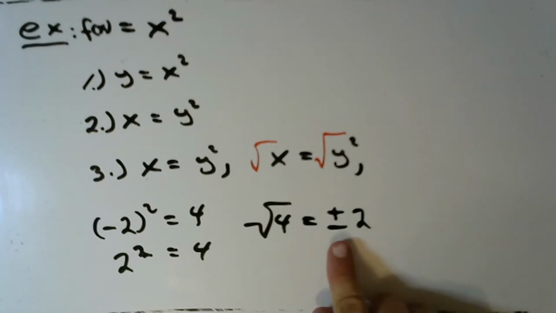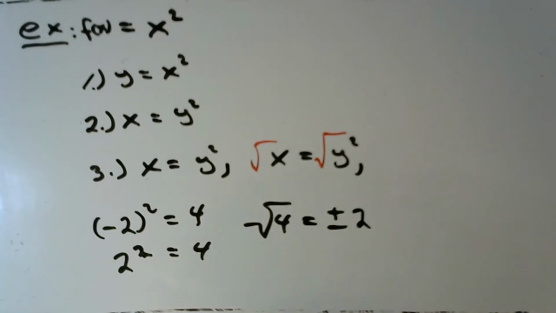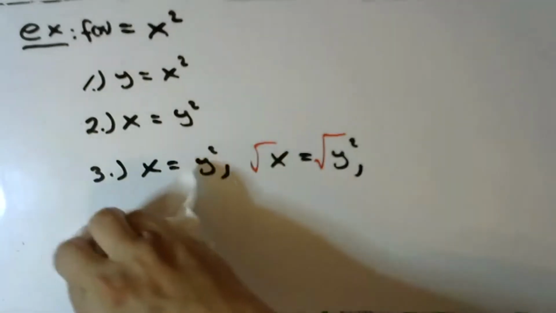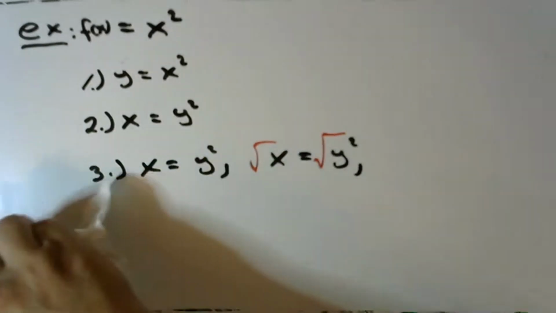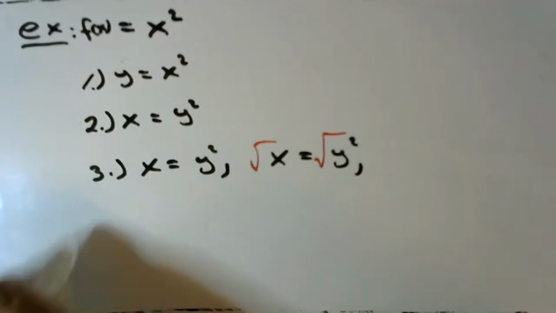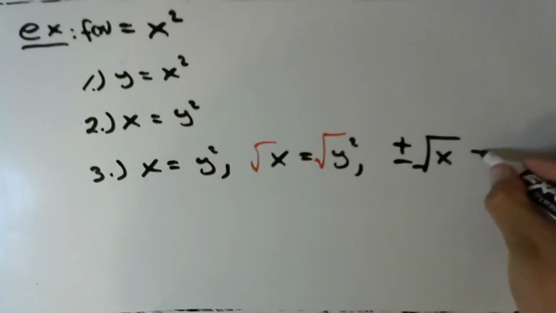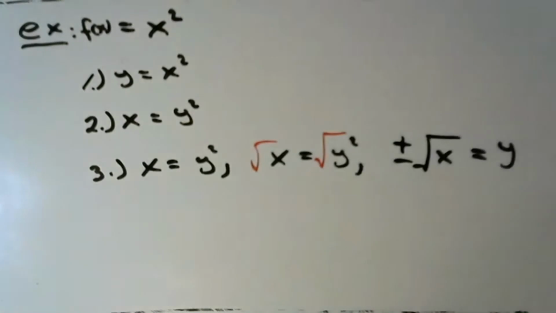Could have multiplied a couple positive 2's together or a couple negative 2's together. So when we take square root, we have to consider square root of x equals y.